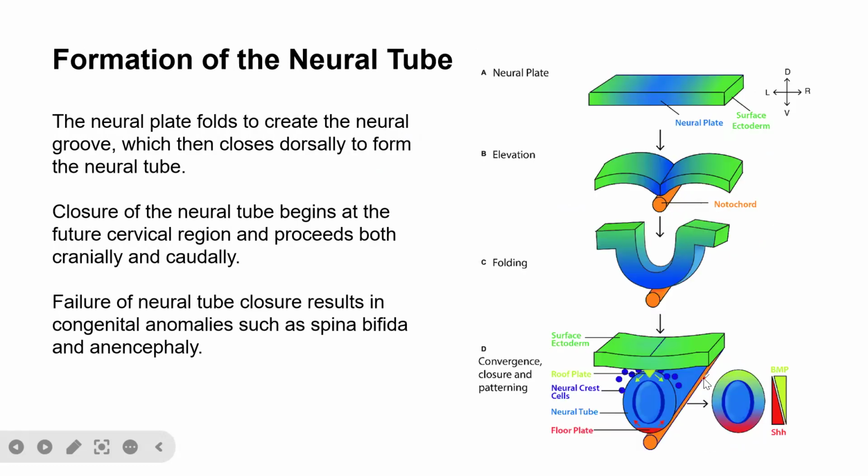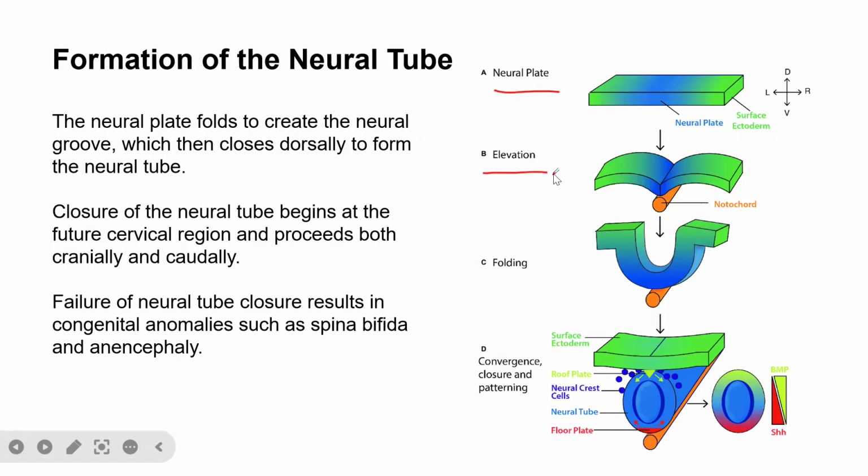The next thing is the formation of the neural tube, how this neural tube is formed. As you can see, this is exactly what I explained. We have the neural plate. After the neural plate is formed, there will be elevation or elongation. After this elongation, the neural plate folds to create the neural groove.